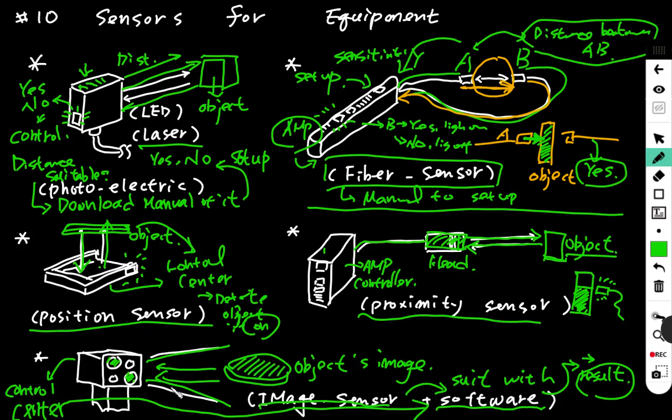So it is easy to say that the camera photographs the object's image and sends it to the control center, using the software to get the result for the detection.